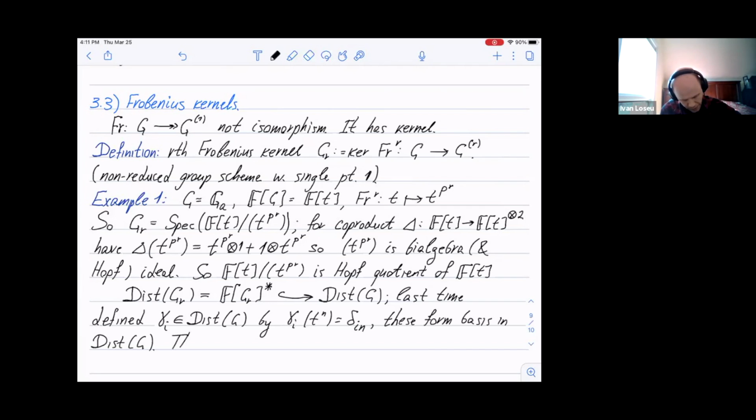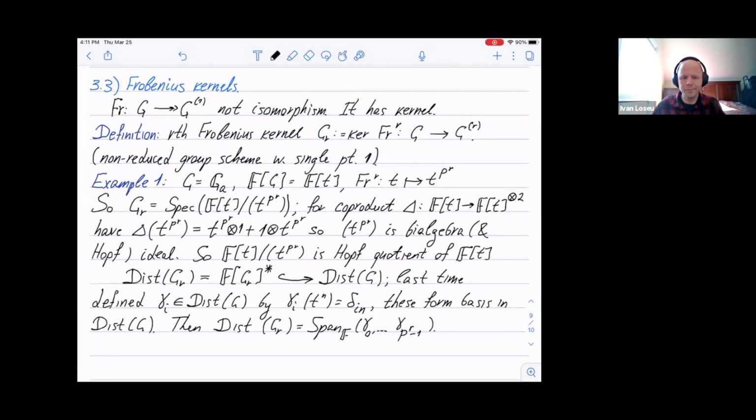Then you can easily see from the description of the algebra of functions on G_r, which is this quotient, that the distribution algebra of G_r is the span over F of the first p^r elements in the basis gamma. And that's a subalgebra.